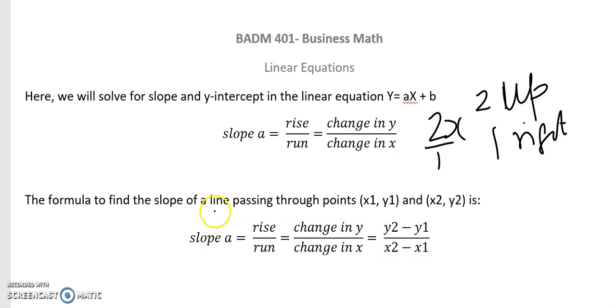Okay, now the formula to find the slope of a line passing through points. So this is an important thing. This is what you're going to be getting in many of the business schools, because you need to extrapolate and interpolate from a chart or from a table. So to do that, we need to find out what the slope is.